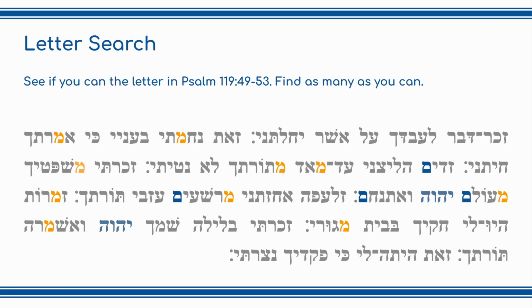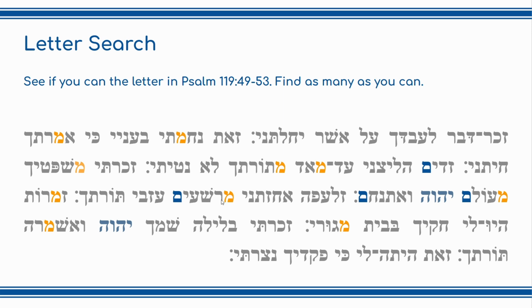And time's up. So these are how many mems are here in this passage. You can see there's mem over here, and there's the final form over here. You can see that the final form shows up at the end of the word. Every time it shows up, it will only be at the end of a word.